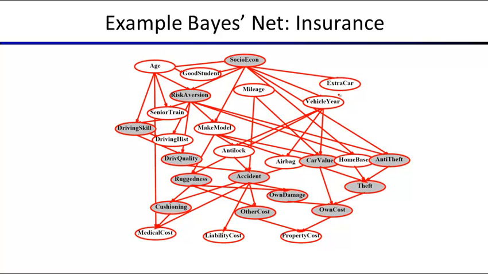Here's an example of a type of Bayes net you could be interested in. You have about 24-ish random variables here. There is age, there is socioeconomic status, good student or not, extra car, vehicle year, and so forth. These are all random variables that a car insurance company could care about. And some of these random variables they might be able to measure from you. Others they might not.